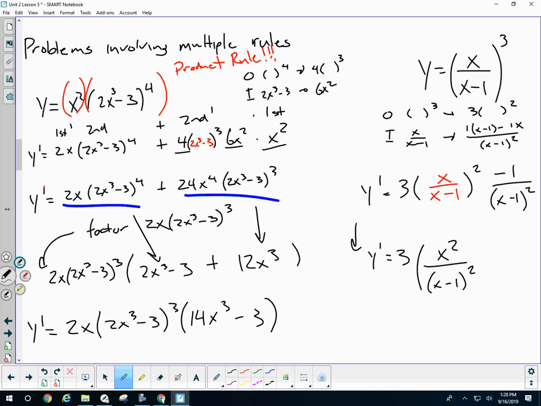I'm not going to distribute the x minus 1s because I notice right here that these x minus 1s are being squared. I can multiply by these x minus 1s. I get 4 x minus 1s in my denominator. In my numerator, I have negative 3x squared. You will be expected to get here.